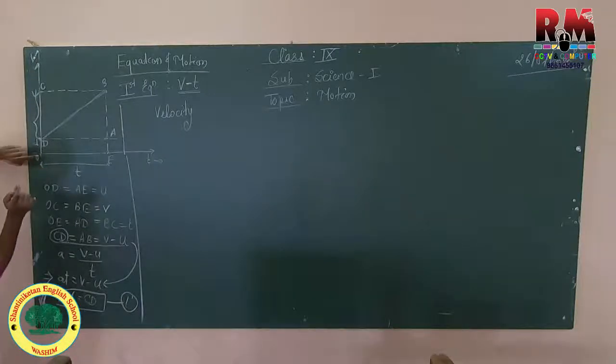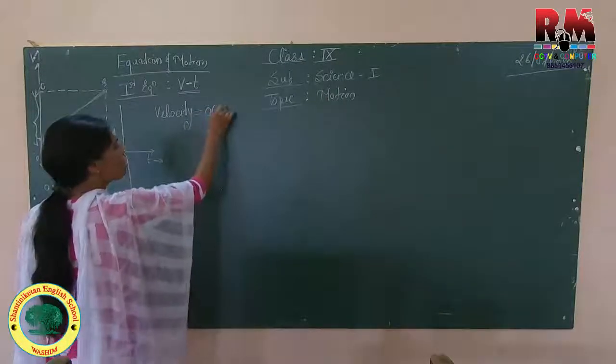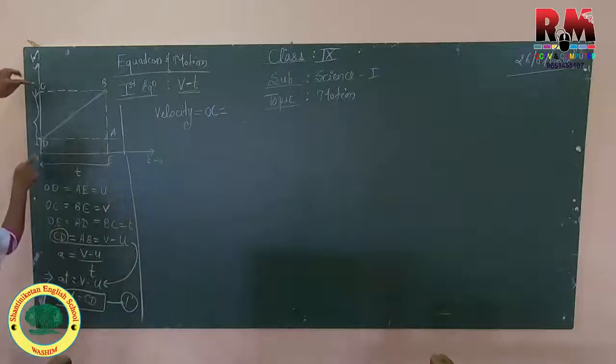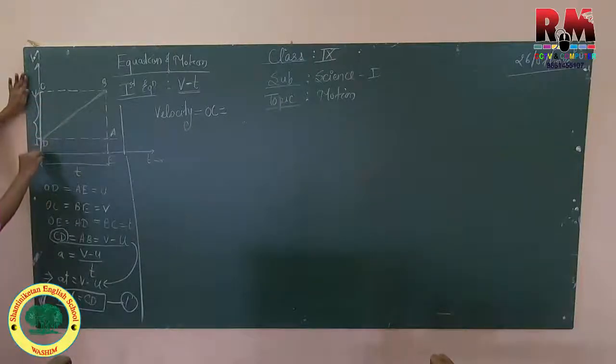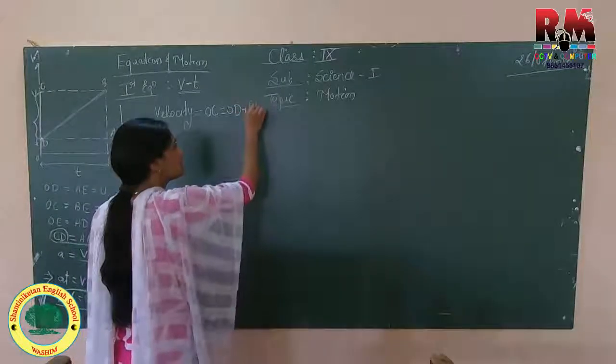The whole velocity, starting from O to C. Velocity is equal to OC, and OC is in two parts: OD plus CD. OC is equal to OD plus CD.